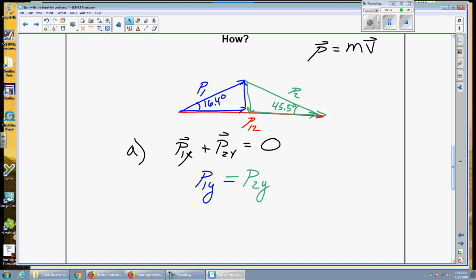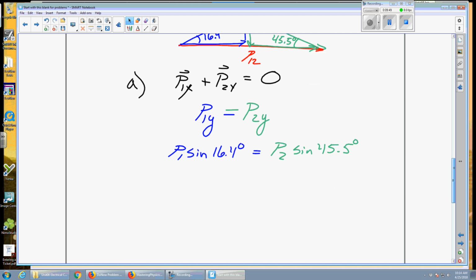And let's see, so P1y would be P1 opposite, so sine 16.4 degrees. That would equal P2, which would be P2 sine 45.5 degrees. Right?